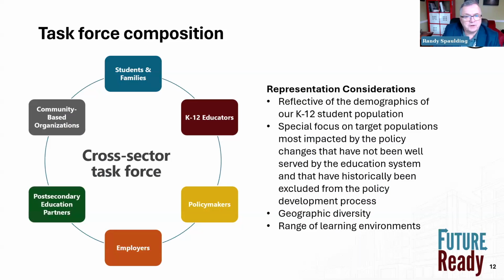The task force is made up of a broad range of folks. We've really been intentional. We're trying to keep this to a reasonable size so that it's manageable and they can get actual work done, but also has broad representation. And so to do that, we went out to partners. We asked them to help us identify folks who could sit on this task force who met a few different criteria.